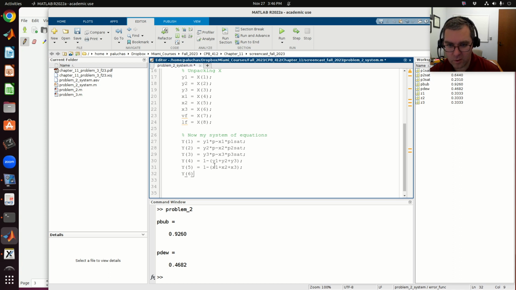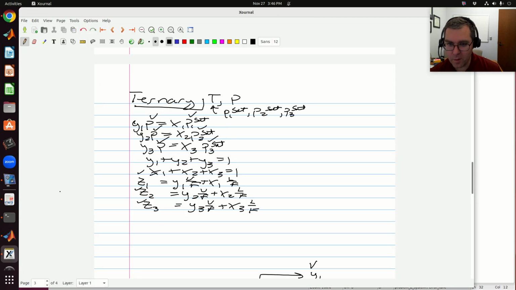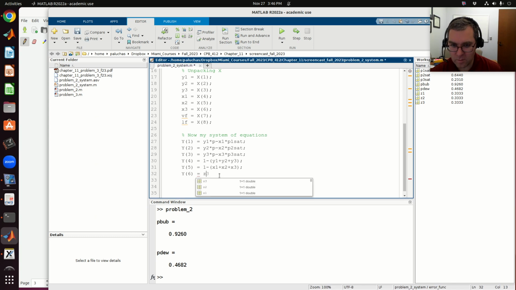My sixth equation. Now I've got my component mass balances. Okay, again, I'm just going to set this up so I do this minus that, or vice versa, right? So that evaluates to 0 when I find my solution. I'm going to do z1 minus, in parentheses, y1 times vf plus x1 times lf.